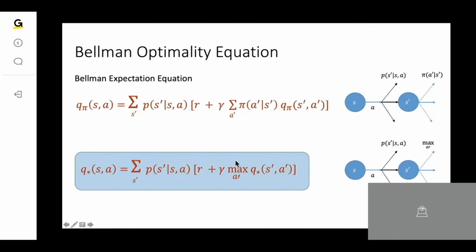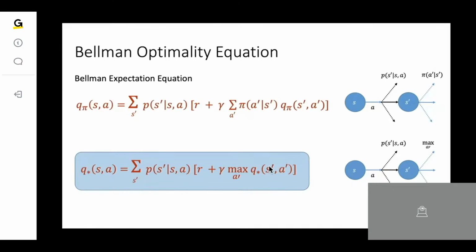In that sense, our search is deterministically on those actions that give us the maximum for this quantity Q star of S prime comma A prime. And that is what this equation is called, the Bellman optimality equation.